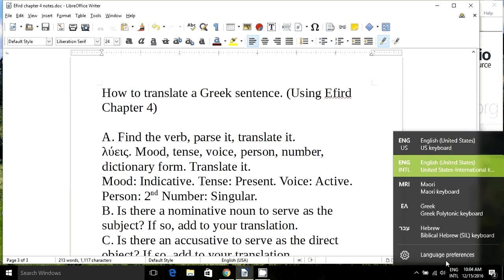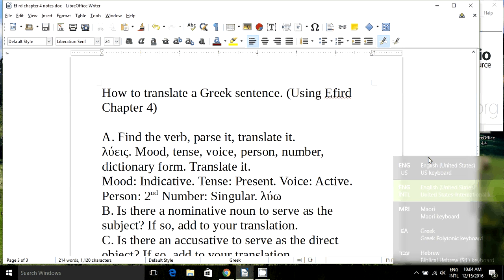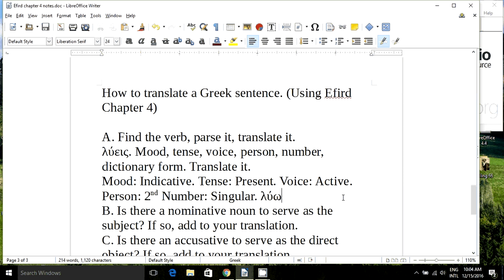The dictionary form is luo. That's the word you'd have to look up in the dictionary if you wanted to find it. And translate just our word lies. Our translation is you lose.